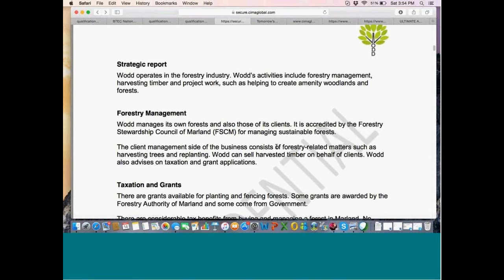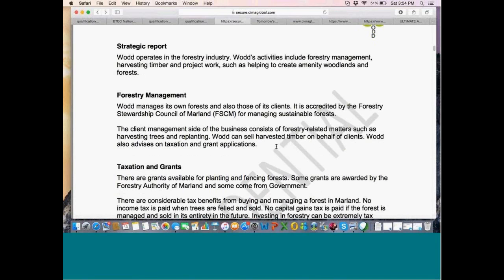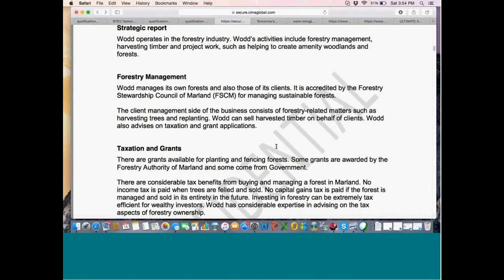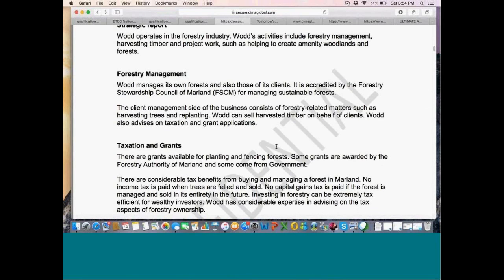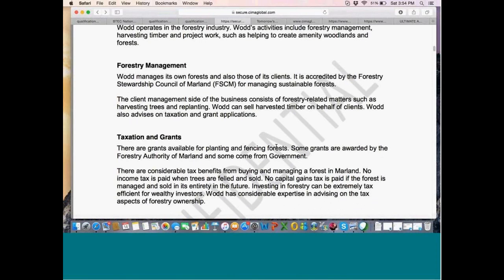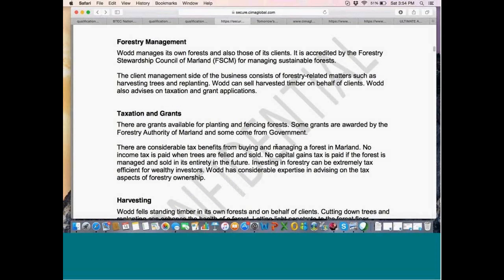Now, they look at forestry management, right? They are doing the management not only for their own forest, but also for their clients, okay? That's what they're doing. These clients are not huge volumes, right? They're going to have quite a few clients.